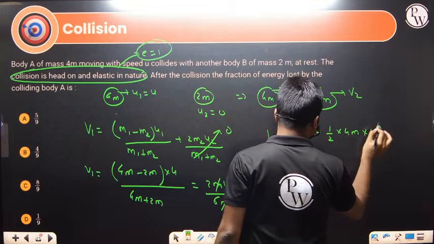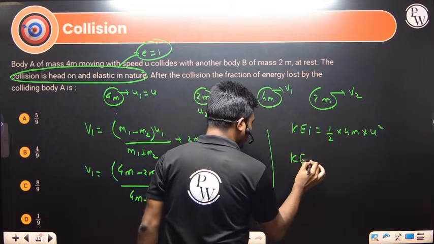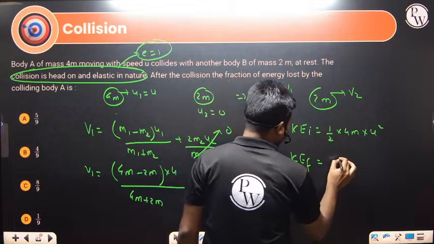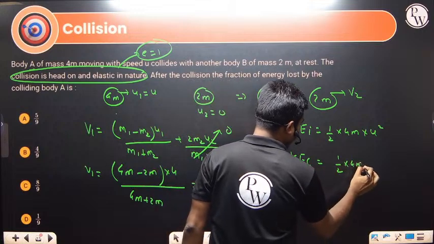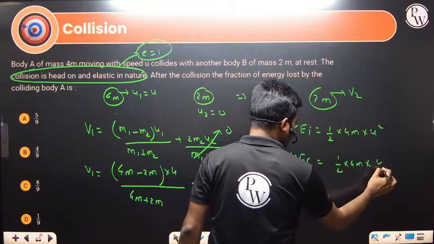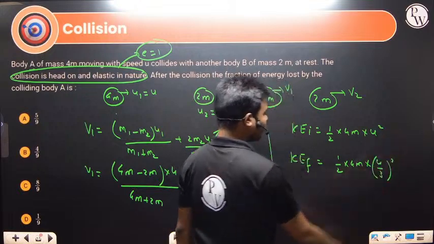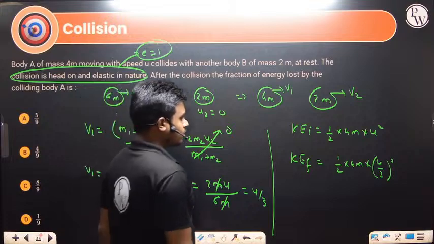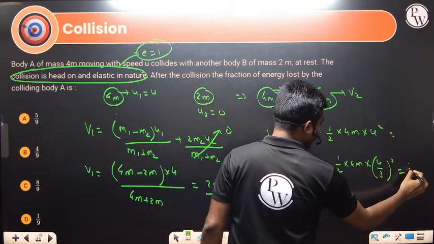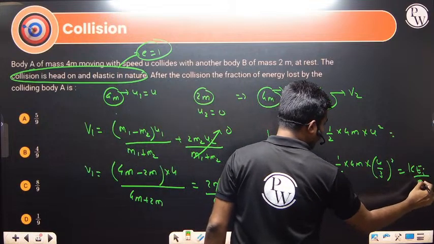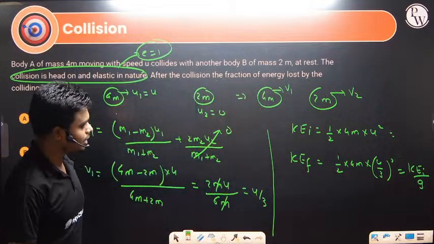into u square. And what is kinetic energy final of the body, same body, colliding body? Half into 4m into, that is, u by 3 whole square. So what is the fraction that is lost? This is nothing but kinetic energy initial divided by 9 times.